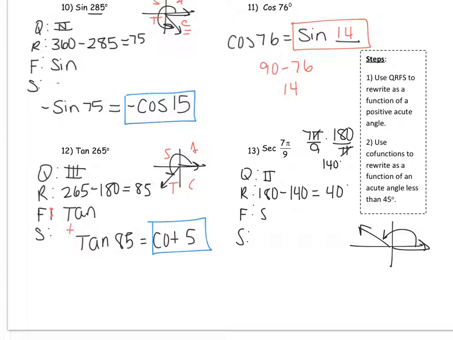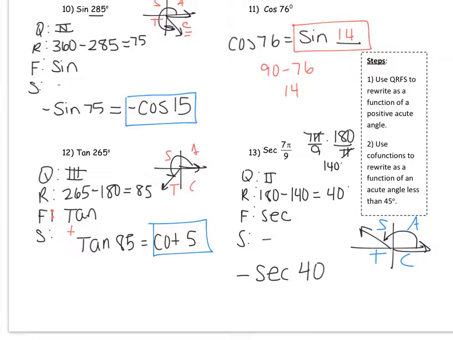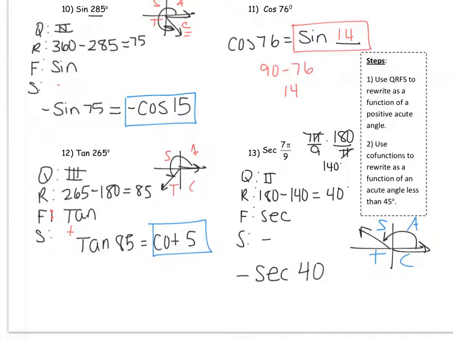The function I'm dealing with is secant. And all students take calc. Sine is positive, therefore secant is negative. So negative secant of 40. Now, is 40 less than 45 degrees? Absolutely is. But since it was given to us in radians, we should probably give it back to them in radians. So let's write 40 times pi over 180.